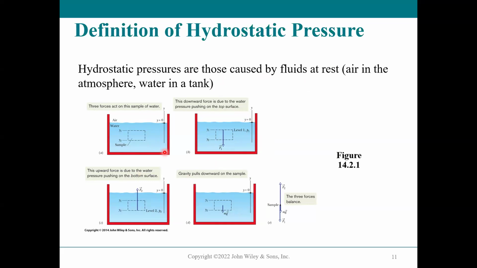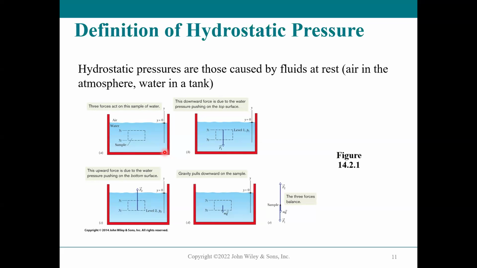If we want to calculate the pressure, for example, at this point, we use the weight, which is mass times gravity, mg, as the force. By simplification, P is equal to weight divided by area, where weight is mass times gravity, and A is the area.